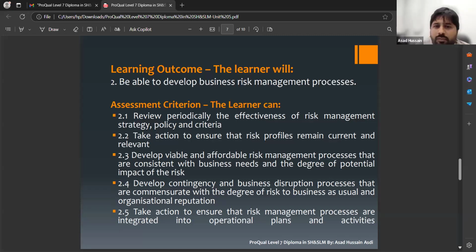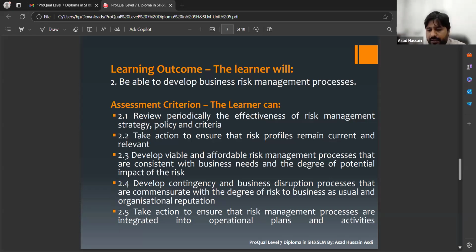Whatever risk management process your organization is using, you have to make sure that when it comes to implementation and development, these risk management processes should be viable and affordable, meaning they are practicable and the organization has the potential to implement them. Otherwise, developing unaffordable or impracticable risk management processes will not work at all in their organization.